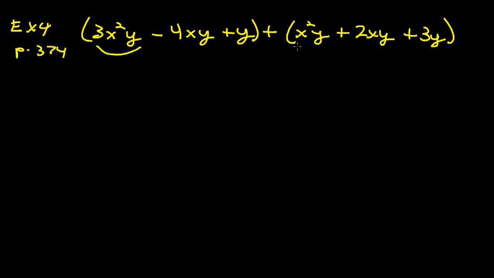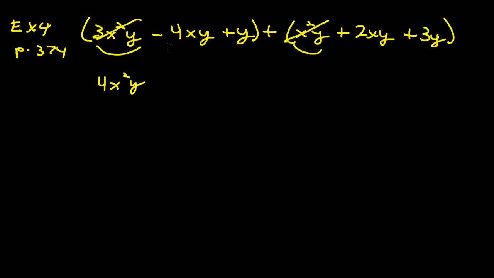These two terms, these two monomials, have the identical variable portion and different coefficients. Well, I'll just keep the variable part and add the coefficients as indicated. 3x squared y plus x squared y is going to be 4x squared y. And I like to cross these out once I've dealt with them.